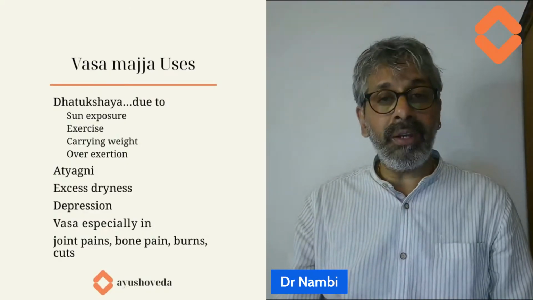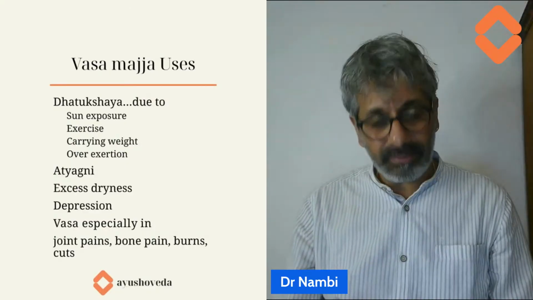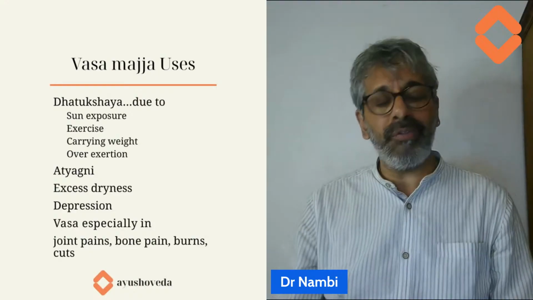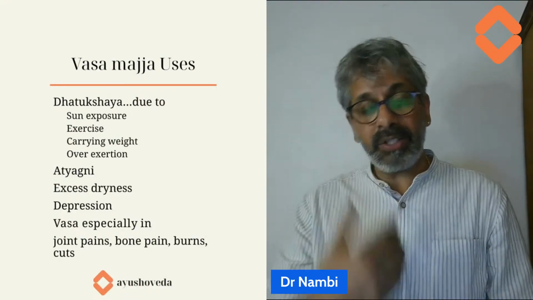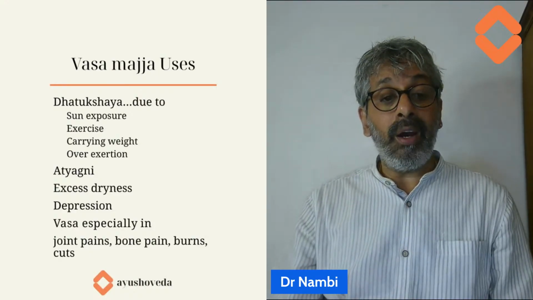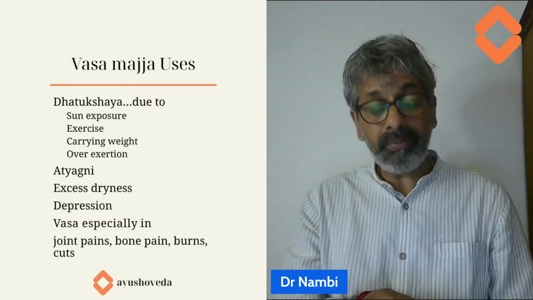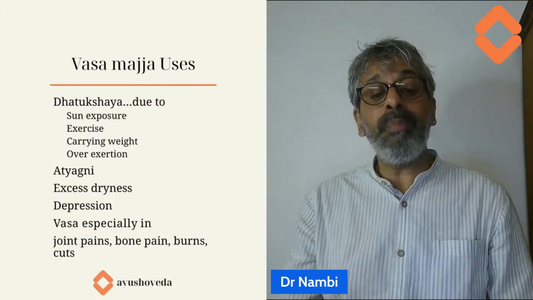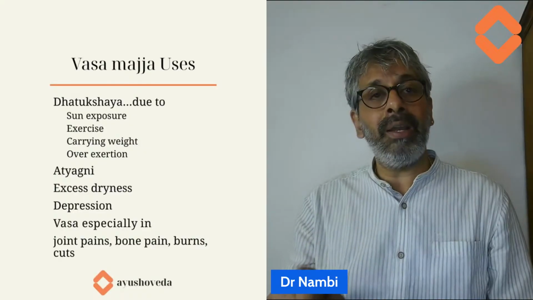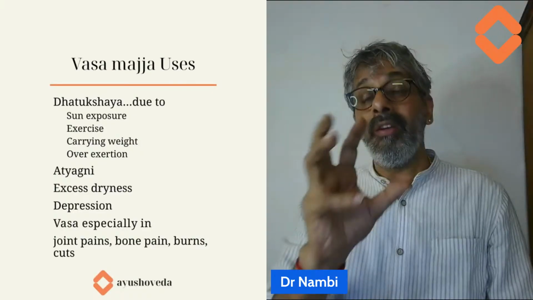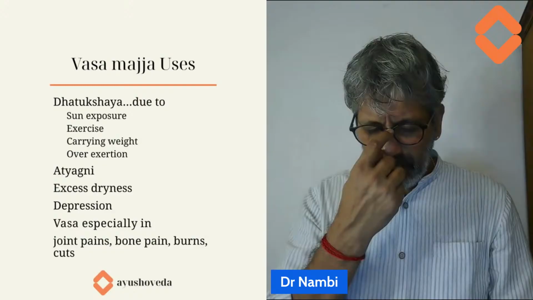And even in conditions where you don't have too much interest, depression, Vasa Majja can be used. Vasa especially can be used in joint pains, bone pains, and burns and cuts. Vasa is animal fat, especially in burns.